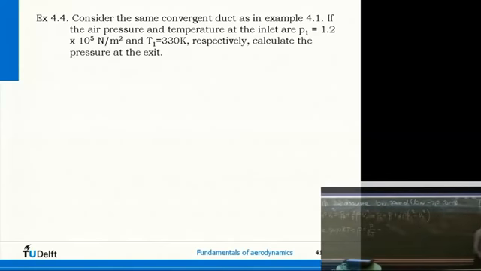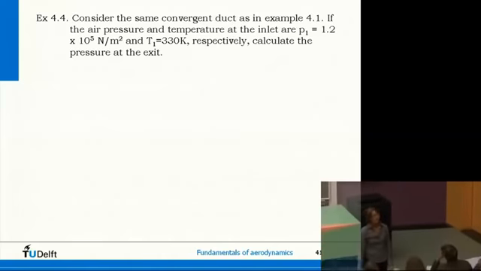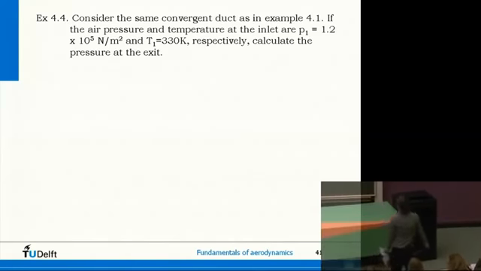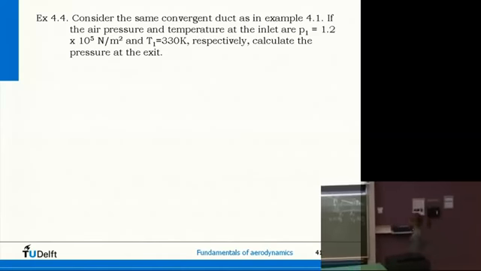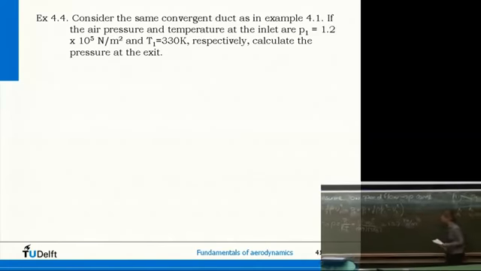So we can compute the density anywhere in the flow. But where does it make most sense? Where do we have the most information to do this? At the inlet. Yes, we have pressure, we have temperature, so we do it at the inlet, at 1. So that's equal to 1.2 times 10 to the power 5, the pressure at the inlet. R is still 287. And the temperature is 330 Kelvin. So then we find the density, 1.27 kilograms per meter cubed.